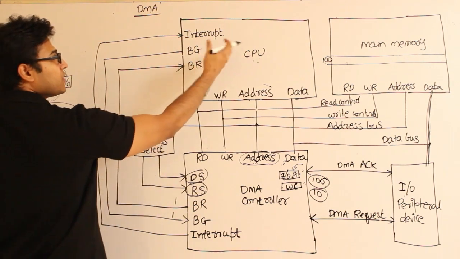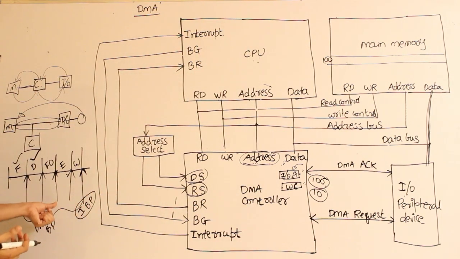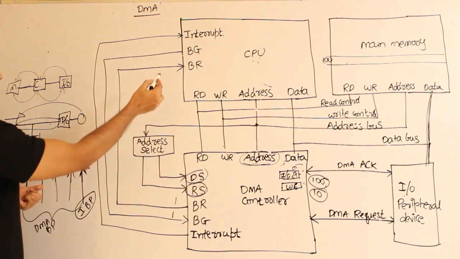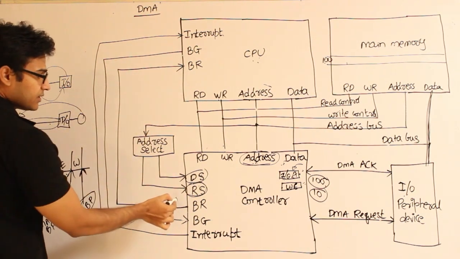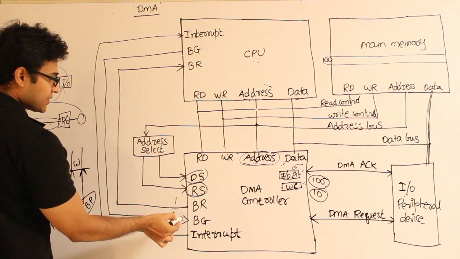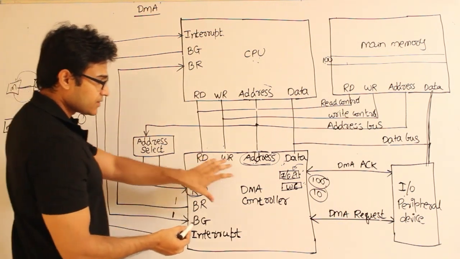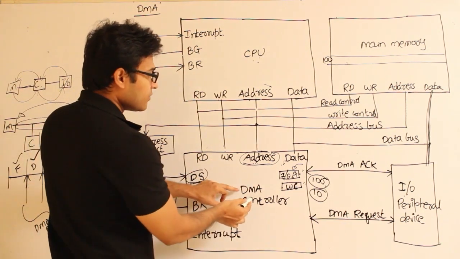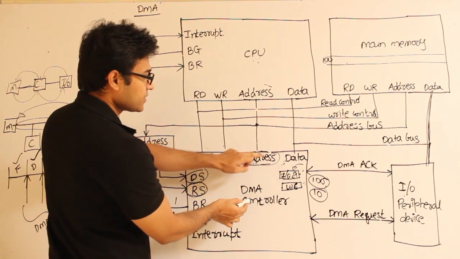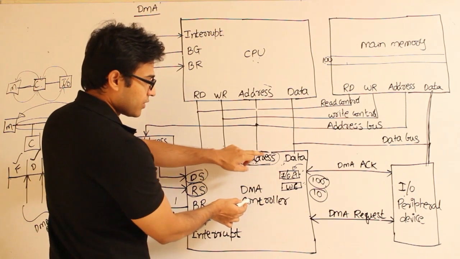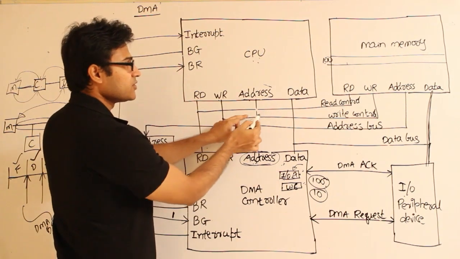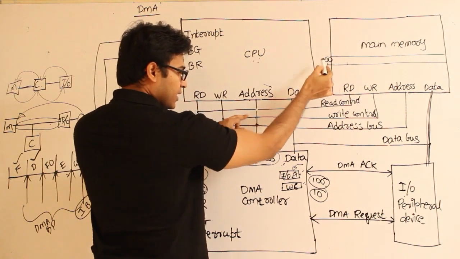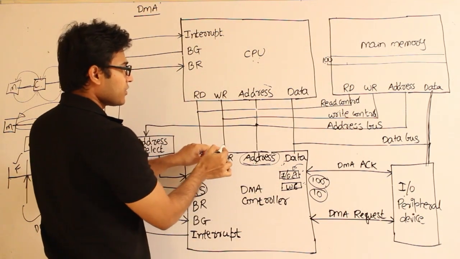And till then CPU is doing its own work. Now whenever CPU gets the request for the bus, it will grant the request saying that yes, you are given the bus access. Now whenever it gets the bus access, DMA will immediately put whatever address is required, at whatever address we want to write, on the address bus, which means that particular word will be selected. At the same time, it will say you have to write or read.